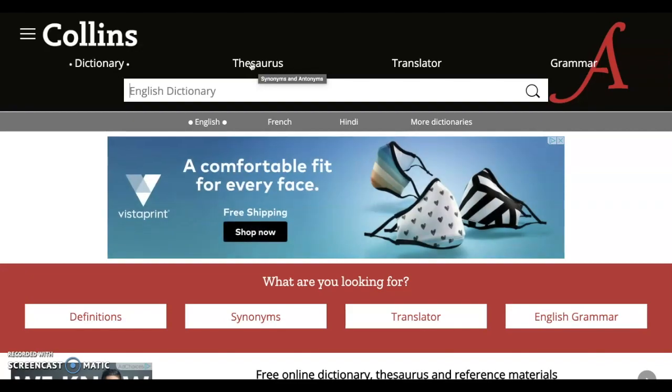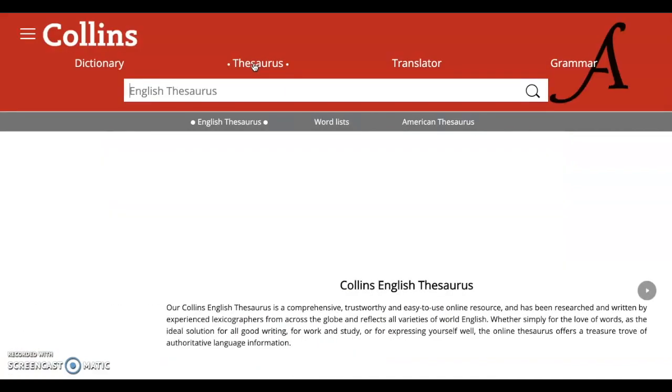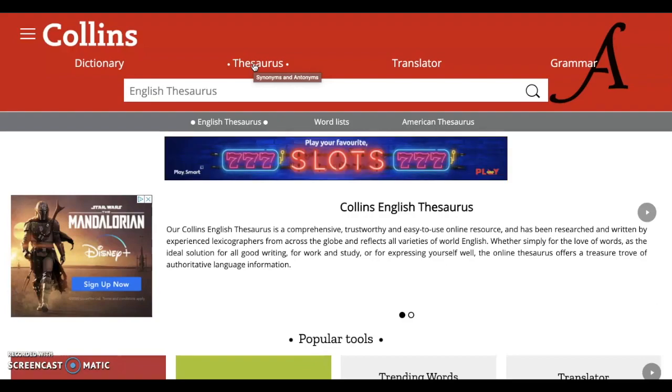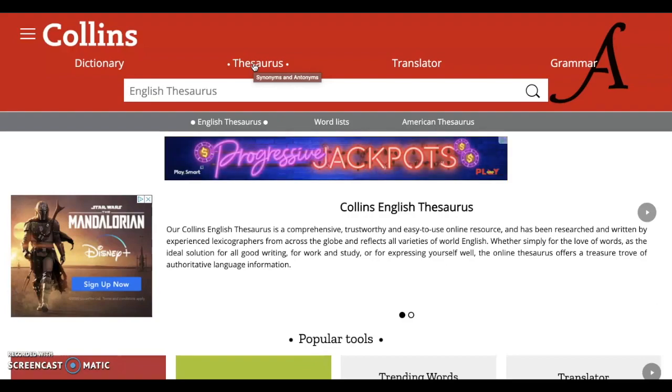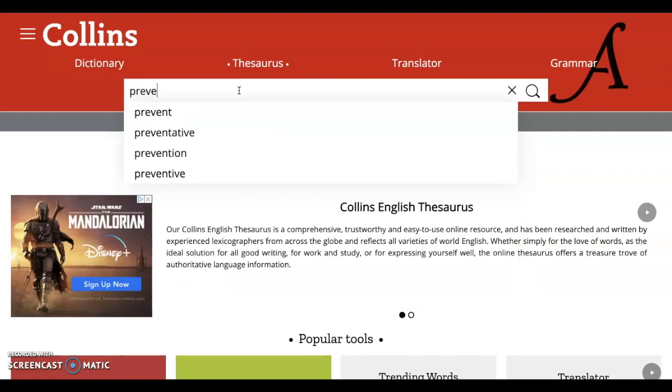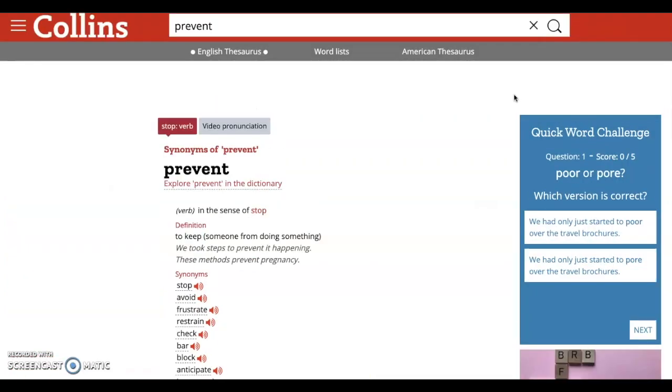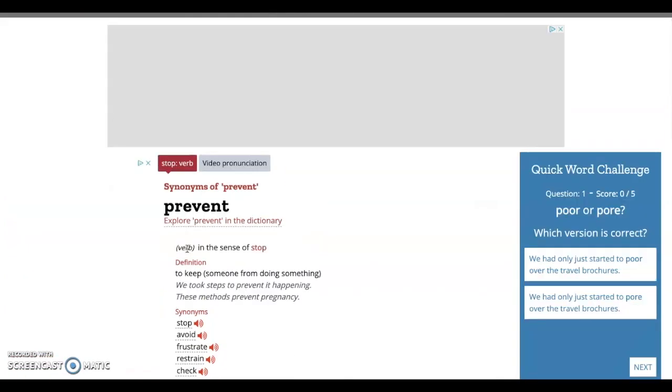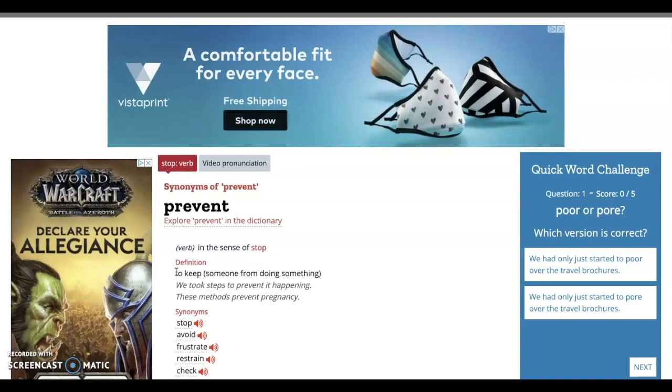So by clicking on thesaurus from the first page or the home page of this dictionary and looking up a word, I'm going to look up the word prevent again, you will see a list of synonyms that are provided here.